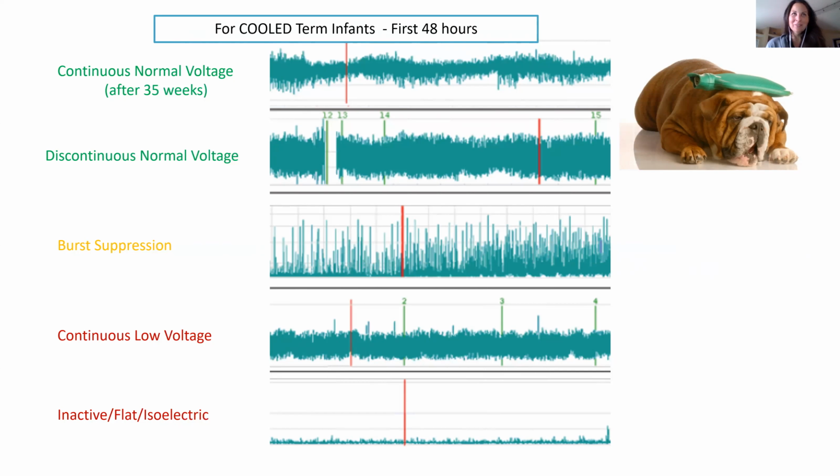Oh, Anne, what pattern would you see with Versed? I'll ask the group. What do you see, or what would you expect to see with Versed? Low voltage, that's what I would guess.